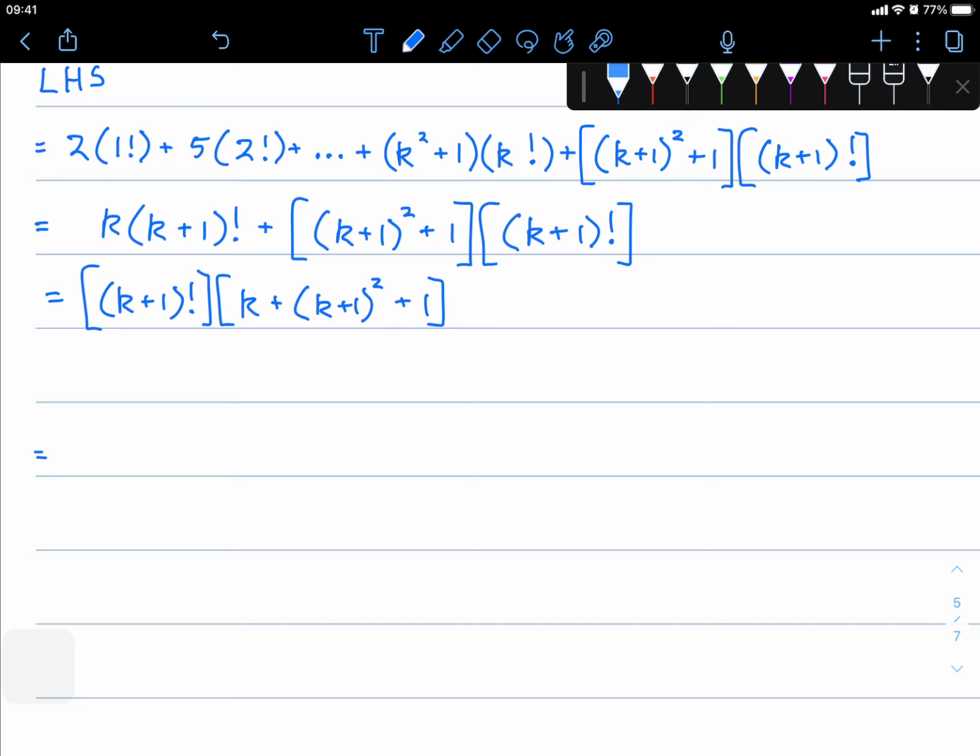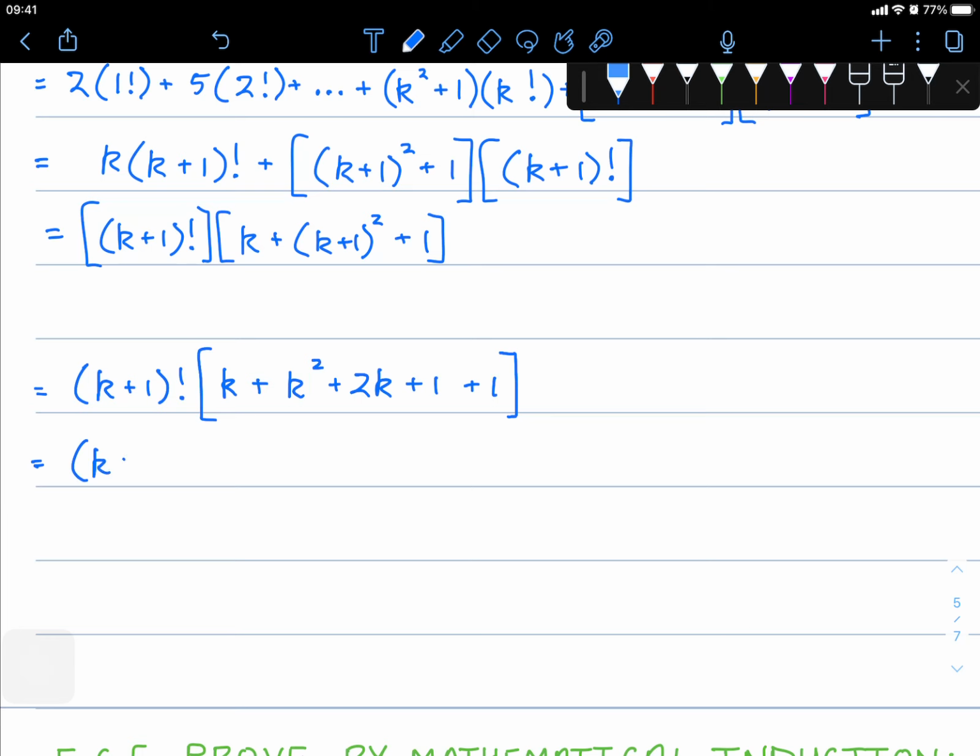Continuing this, the left-hand side simply becomes k plus 1 factorial, and inside the bracket we're going to expand it, plus k squared plus 2k plus 1. That's the expansion, plus 1, because there's still that plus 1 inside that bracket.